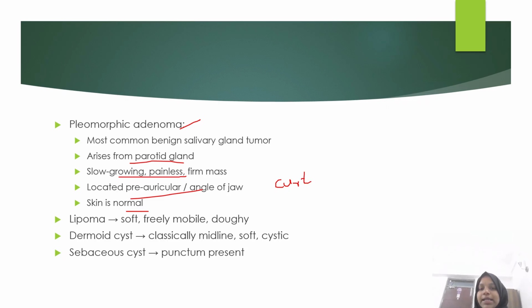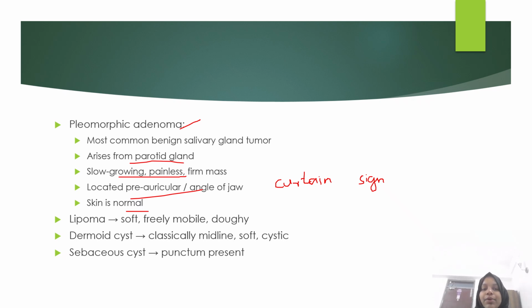It's not freely mobile because the parotid sheath is attached to the zygomatic arch, which is why you cannot lift it above that. Its mobility will be restricted, and the sign is called the curtain sign. It can lift the earlobe and get prominent with clenching of teeth. It's usually a slow growing, painless, and firm mass.